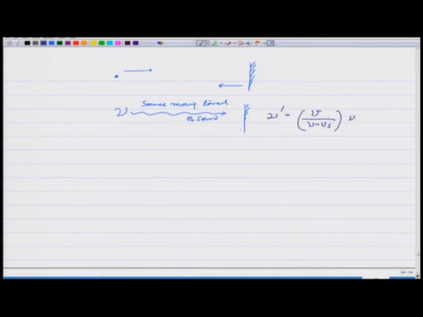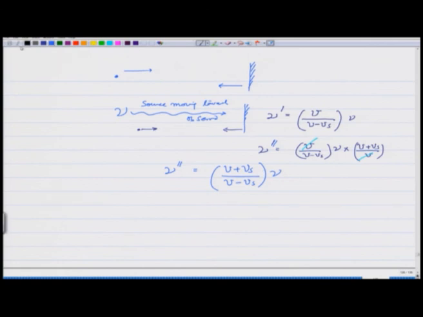And this frequency is emitted back or reflected by the wall, and now the person hearing it becomes the observer. So, it is now the observer moving towards the source, and this nu double prime is going to be v over v minus vs times nu, which is the frequency coming towards the person, times v plus v source divided by v. So, this v cancels, and the person is going to hear nu double prime, which is equal to v plus vs divided by v minus vs times nu.